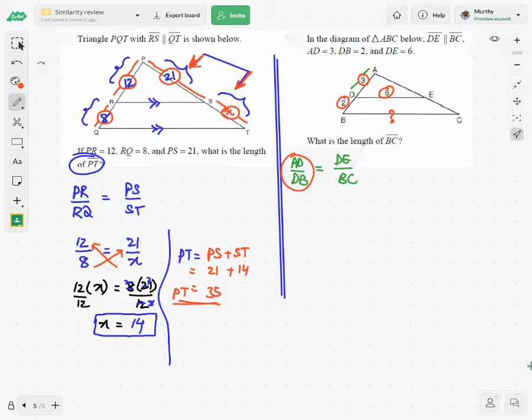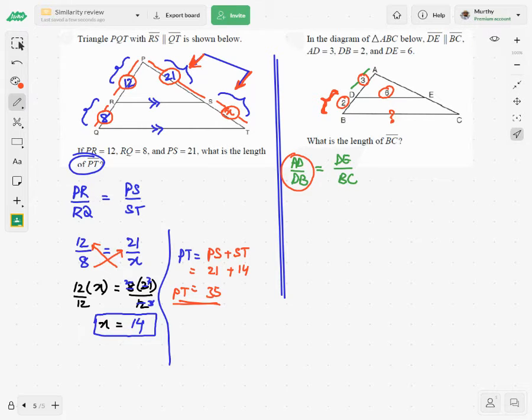If you are taking AD or DB, please notice that here DB is a portion of a side of the large triangle, but it is not representing the whole length of a side of the large triangle.